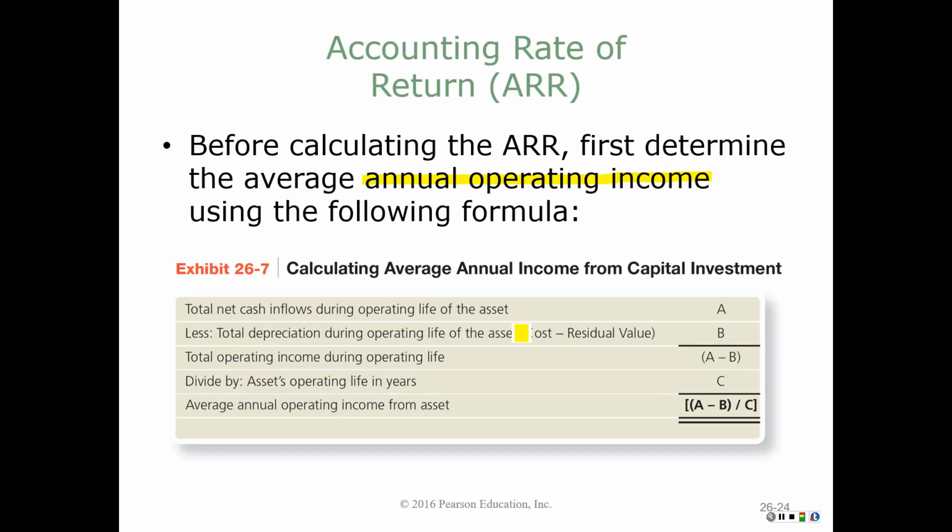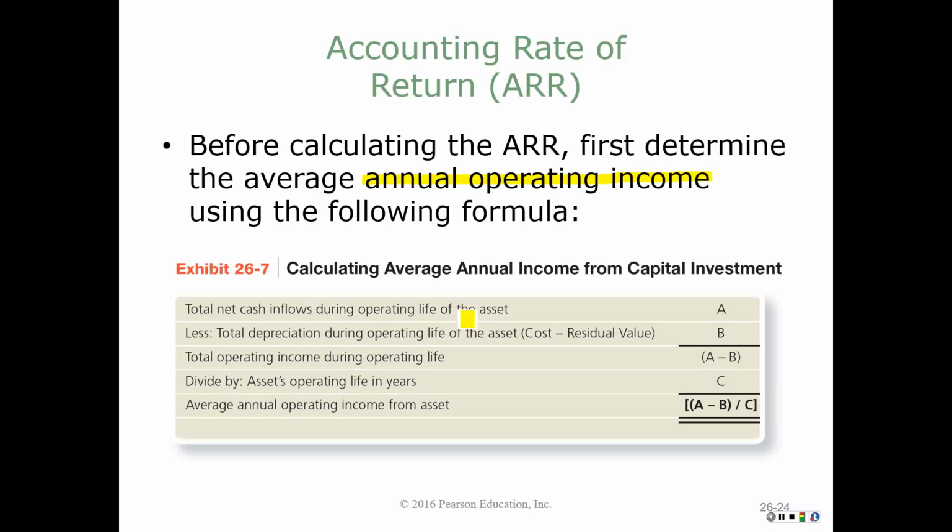And we're estimating what depreciation is going to be over the life of the asset, and it is simply the cost less the residual value. Once again, if you'll think back to financial accounting, you never depreciate an asset below its residual value. So whenever we're backing out depreciation, we aren't going to depreciate the residual value of the machine.